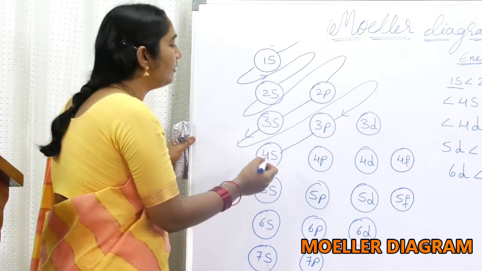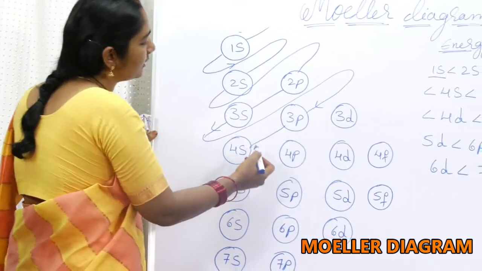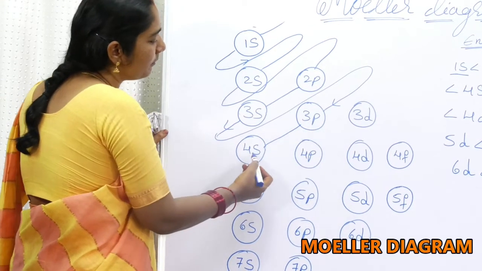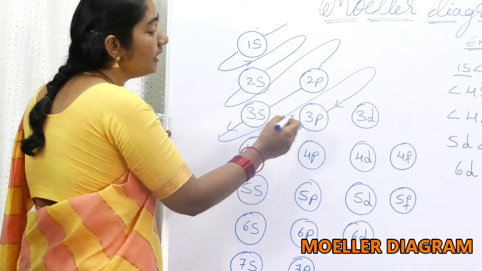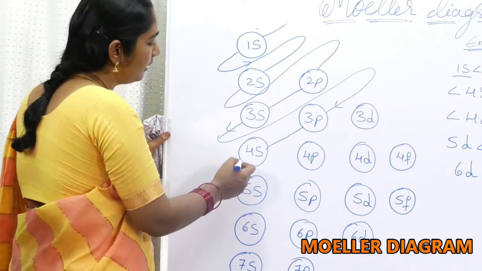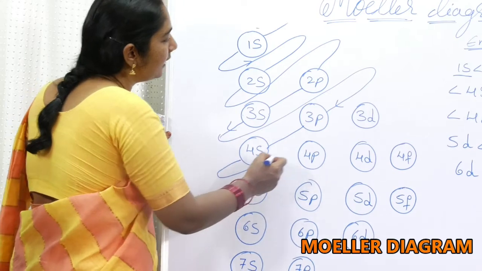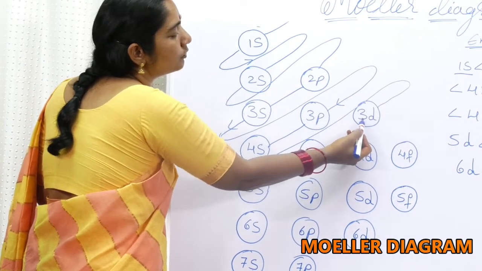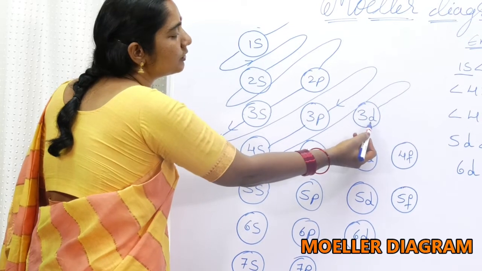See, my dear friends, when we are taking 3p and 4s, the n plus l value is 3 plus 1, that is 4, and 4 plus 0, that is 4. But the n value is less for 3p. That's why we go to 3p first. After filling this, we will go to 3d. The value of n plus l is 3 plus 2, that is 5.